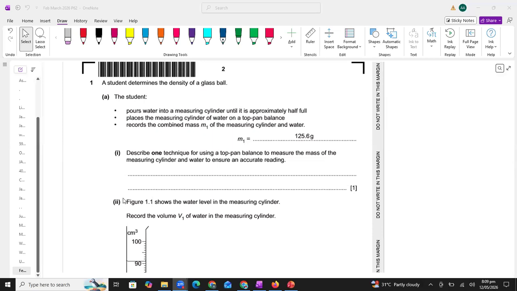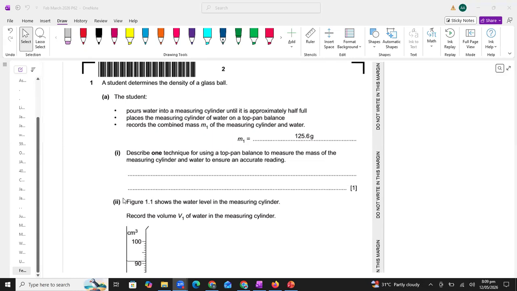You can see the combined mass is 125.6 gram. Now they are saying describe one technique for using a top pan balance to measure the mass of the measuring cylinder and water to ensure an accurate reading.